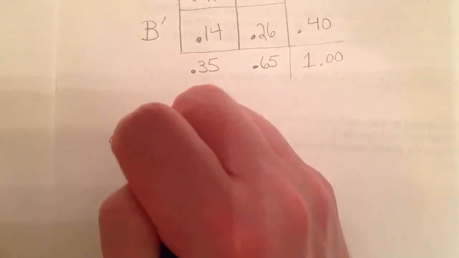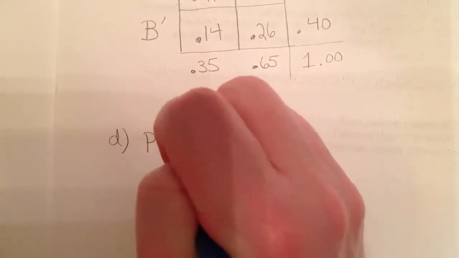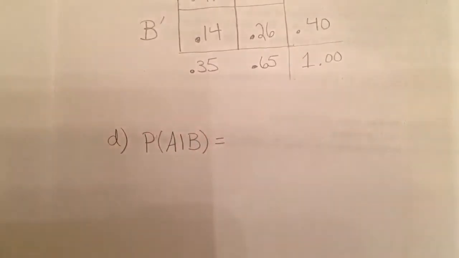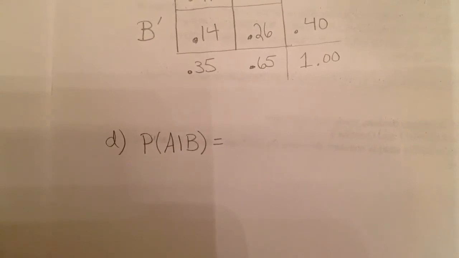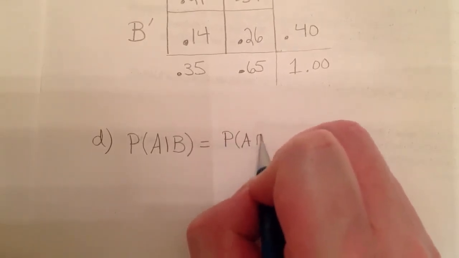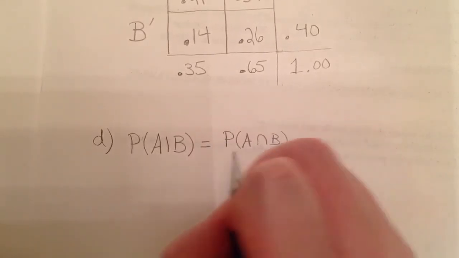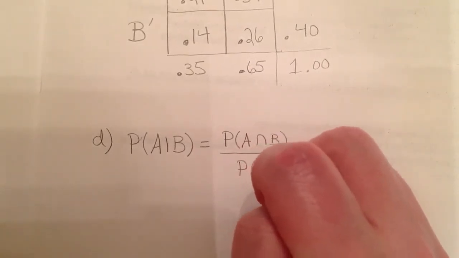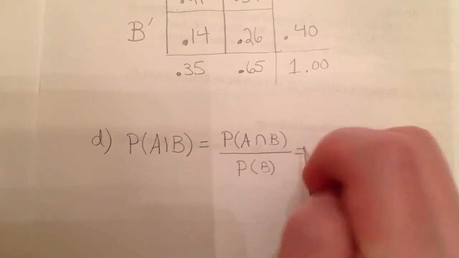Now, in part D, we're looking at conditional probability, the probability that A will occur given that B is already occurring, or B has already occurred. With the numbers we have, we can intersect, in other words, take the probability that both A and B will happen relative to the probability of B occurring at all.